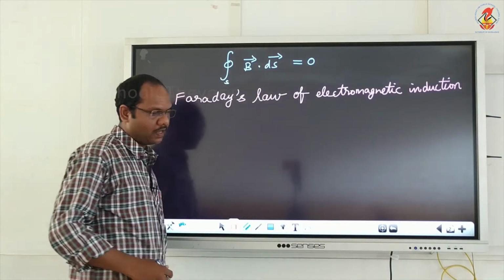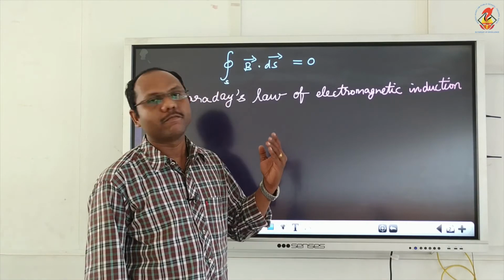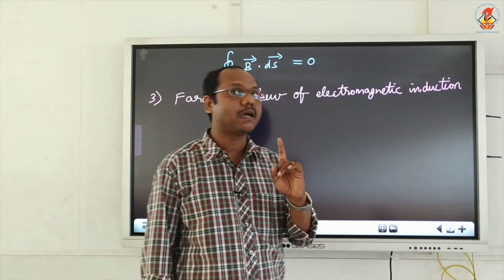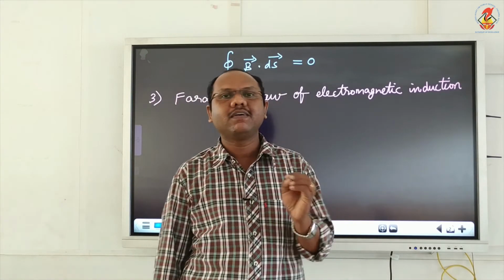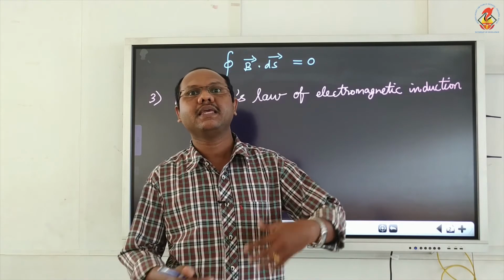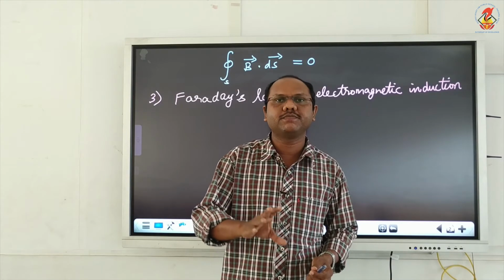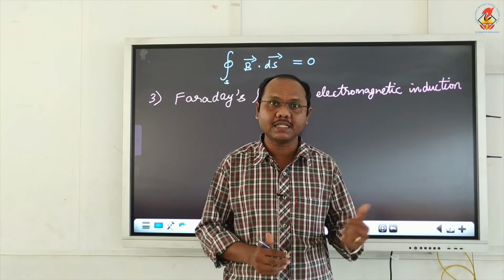We already studied Faraday's law in chapter 6. Whenever there is a change in the magnetic flux, an EMF will be induced. So, a change in the magnetic flux will produce an induced EMF. That is Faraday's law.